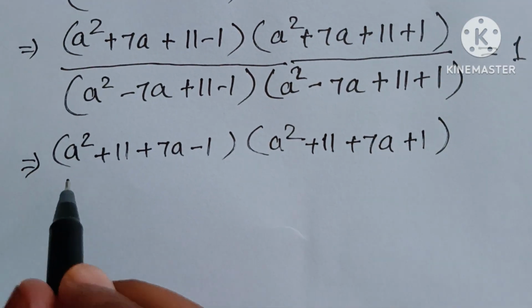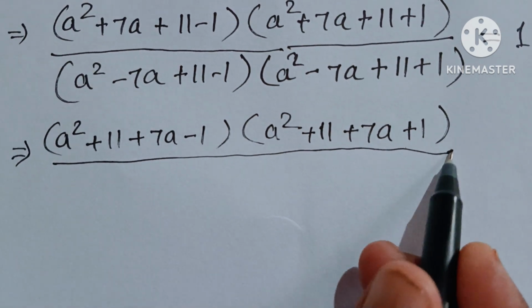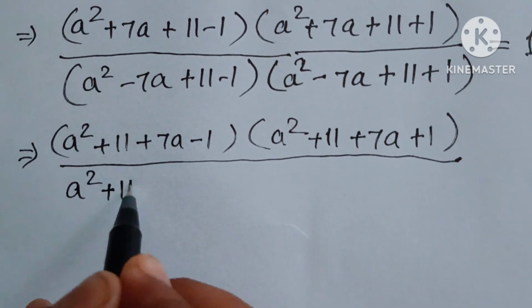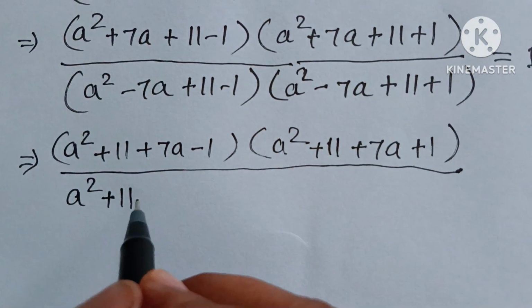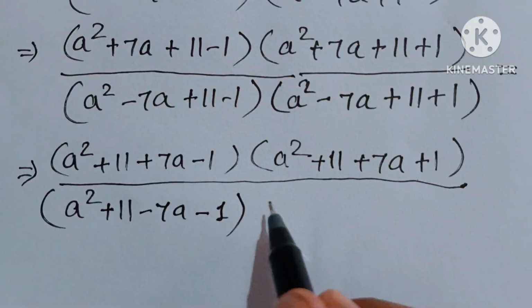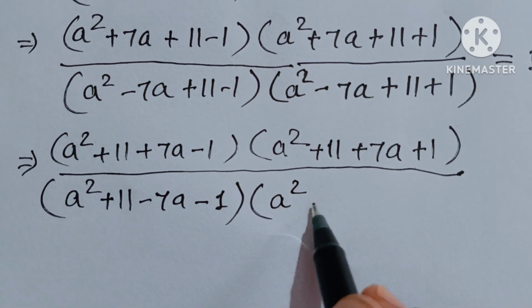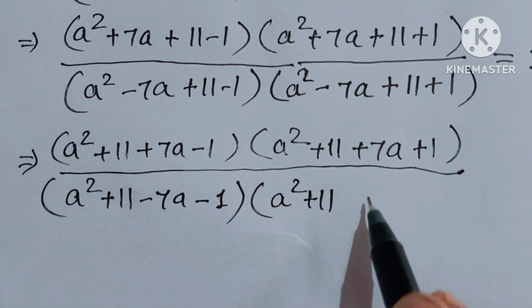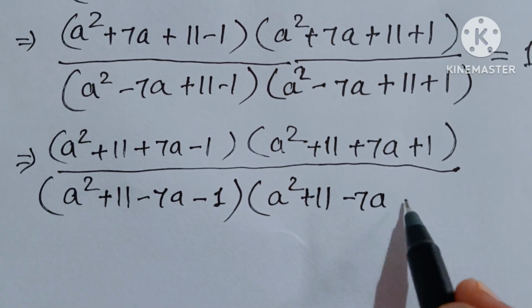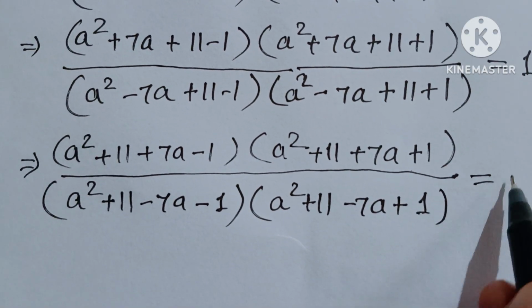Then also the same, a square plus 11 minus 7a minus 1. Here we write a square plus 11 minus 7a plus 1, equal to 1.